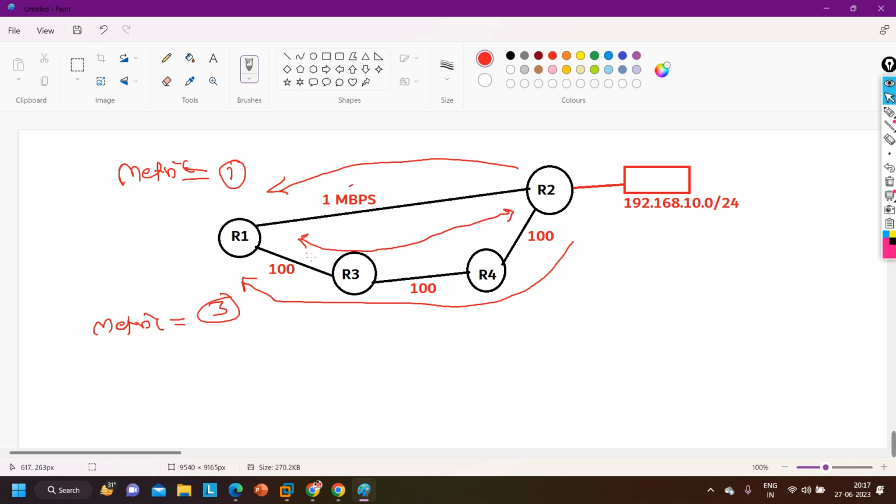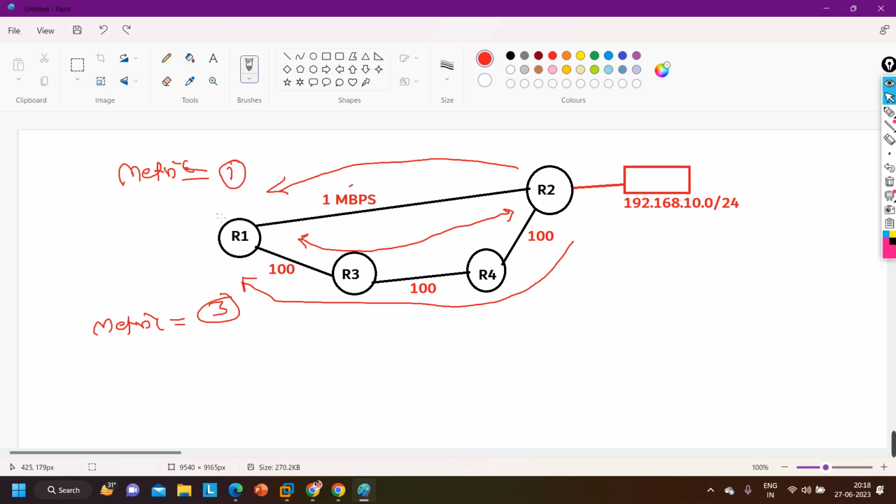Because here we have more bandwidth, but RIP doesn't have any algorithm to calculate the metric on the basis of link bandwidth. Always keep in mind, RIP, means distance vector routing protocol, doesn't have the capability to detect the link bandwidth. It calculates the metric on the basis of hop count.